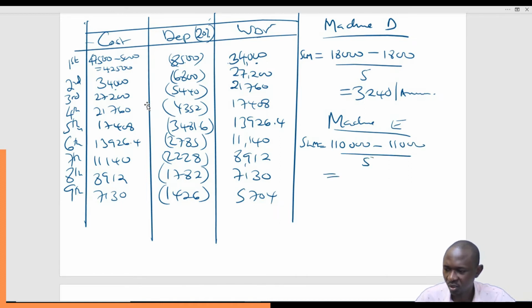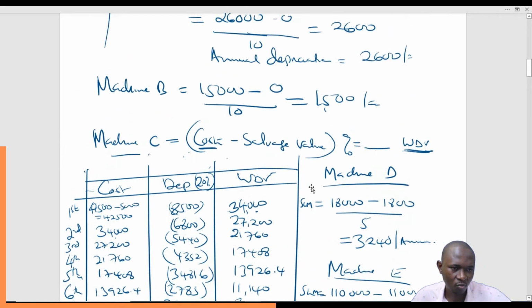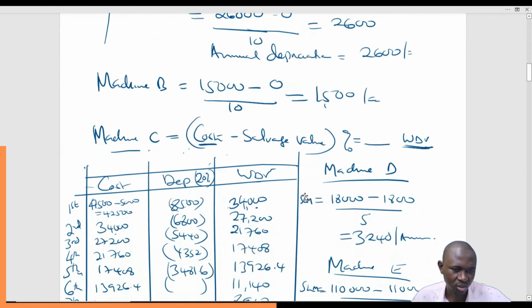That gives us 19,800 per annum. Good. So we already know how much each machine will be depreciating at for every year.